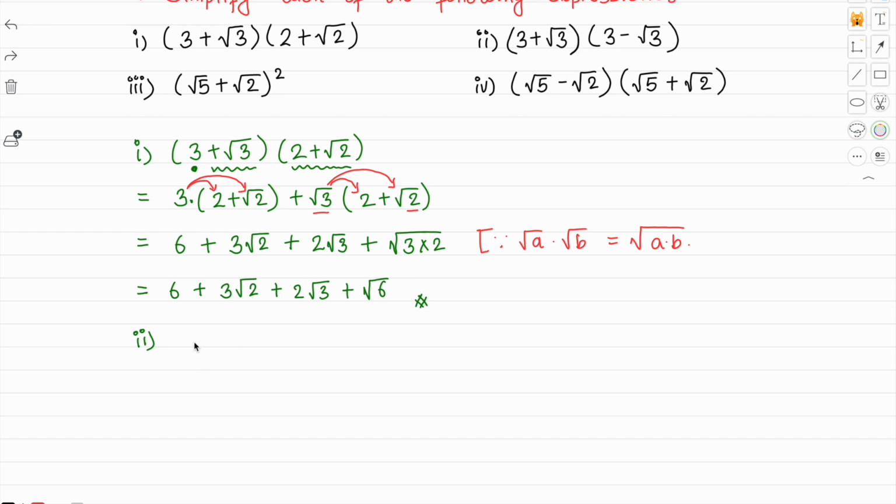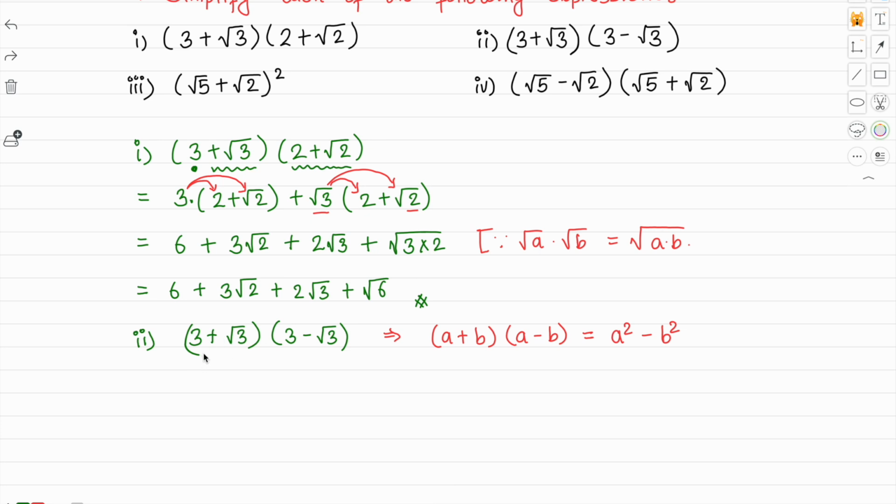So in our second question we have something like 3 plus root 3, and then we have 3 minus root 3. Now this looks something like a plus b and a minus b, and we know that the formula for a plus b and a minus b is a square minus b square.